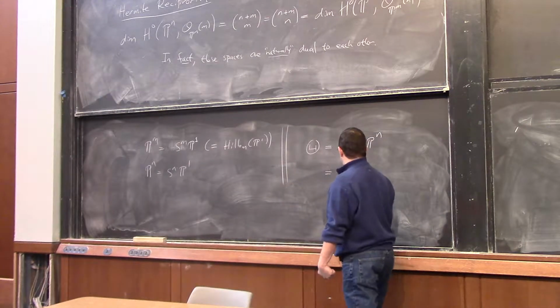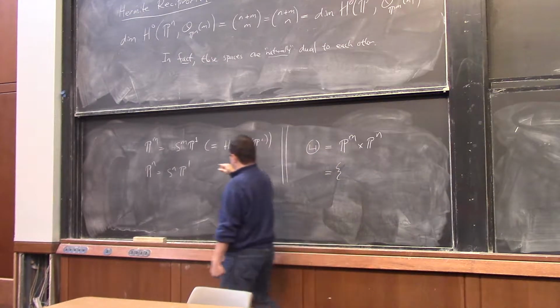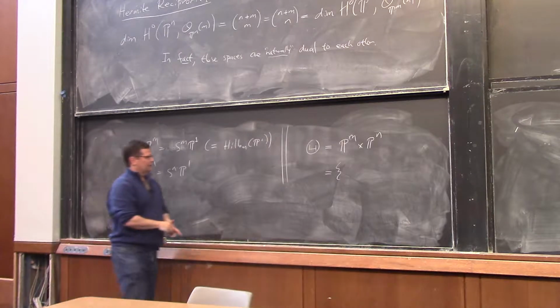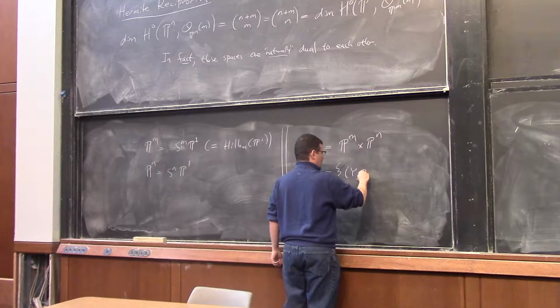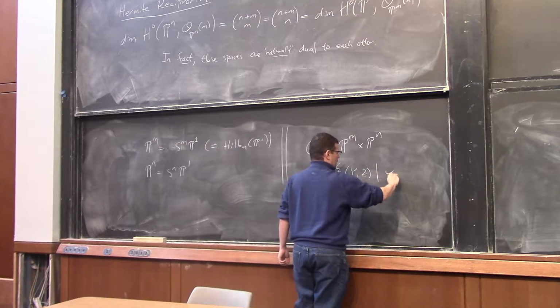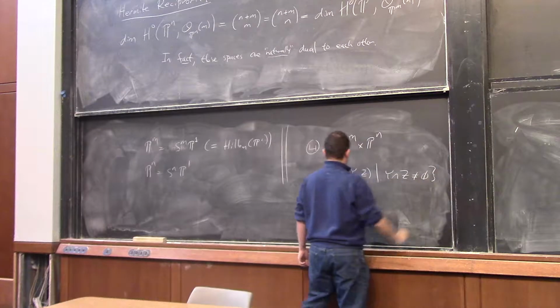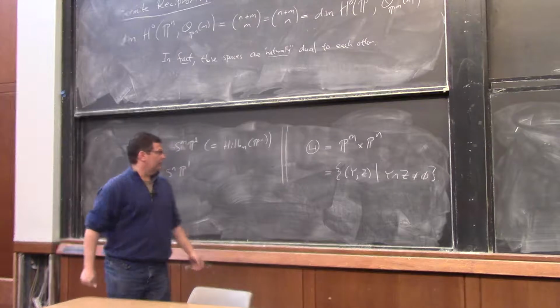And I'll think of this as, so if I'm thinking of these as parameterizing divisors on P1, I could just think of this as the set of pairs of divisors that intersect. That'll give me a divisor.